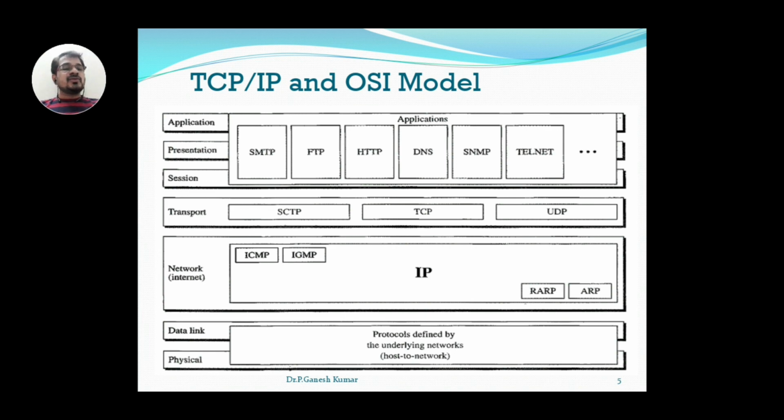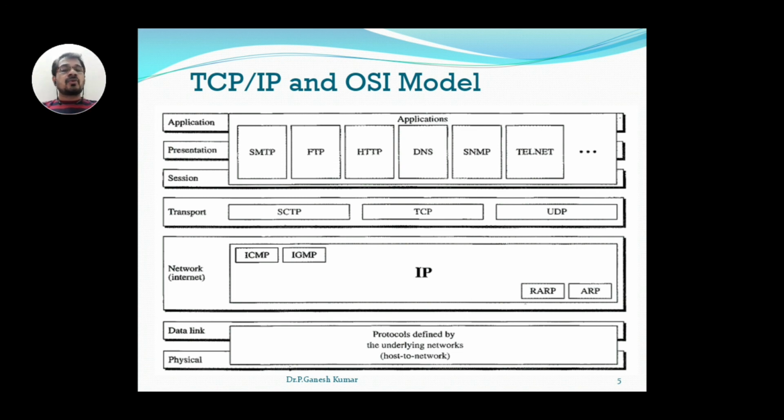We know that UDP is an unreliable communication protocol, and TCP is a reliable communication protocol. Next, the network layer functions are there in the internet layer of the TCP/IP model.